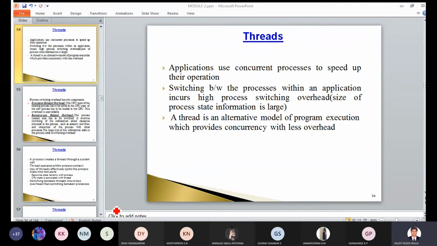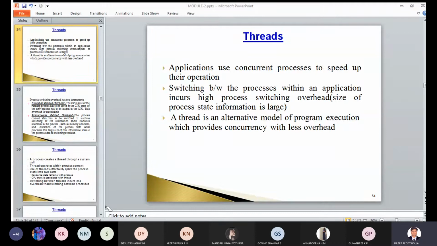Now switching from one thread to another thread is easy, compared to switching from one process to another process. So that's where the application of threads comes into the picture, where it makes sure that the process is very simple for us to use, and there is no overhead to use here. That's very simple and easy, right?